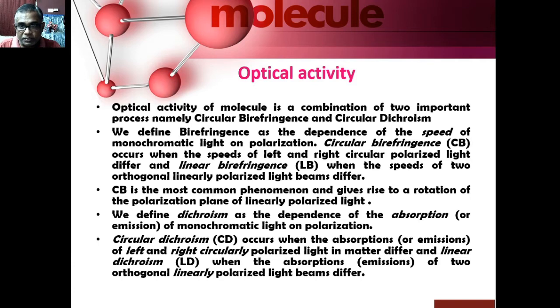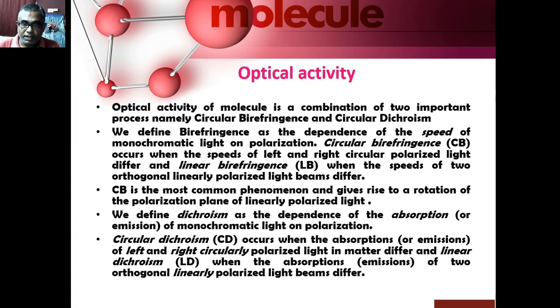The visibility of the molecules in the presence of light and the movements that we observe are a result of the velocity of light being disturbed. Circular birefringence gives rise to a rotation of the polarization plane of a linearly polarized light. So when light interacts with matter, not only its velocity is disturbed, but also its direction.